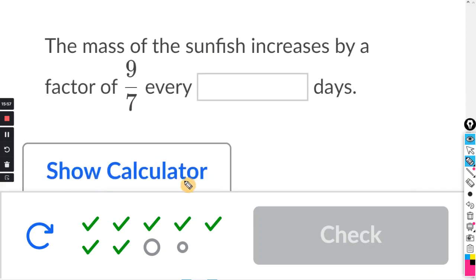They're basically asking, because it's a factor of, it's a multiple of, how often it's going to be multiplied by 9/7. How often does the function get multiplied by 9/7? How many days? Let's take a look.